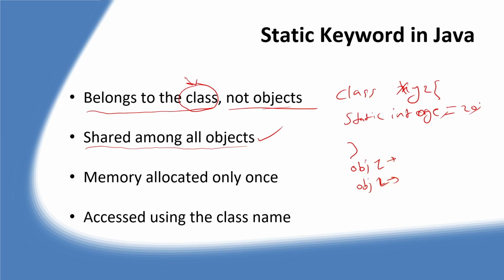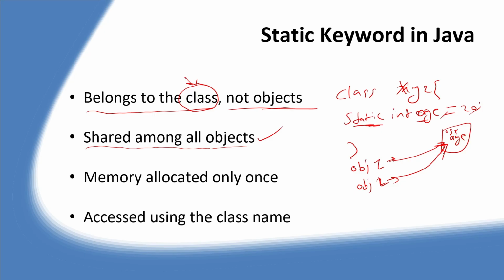So since this variable age is static, it will be loaded in memory only once. There will be a common memory area, and both objects will refer to the same memory area for age.